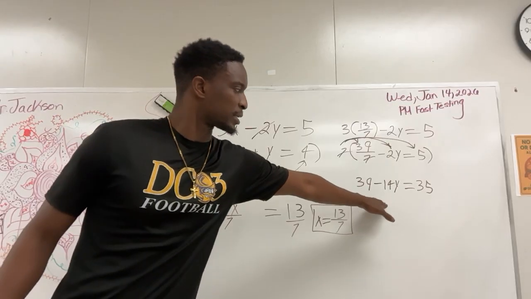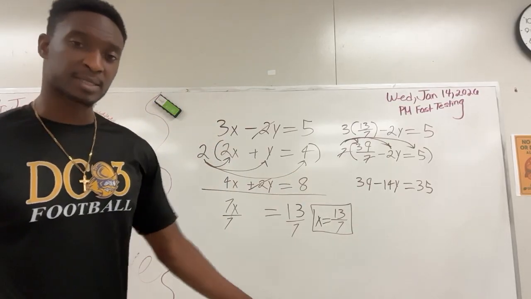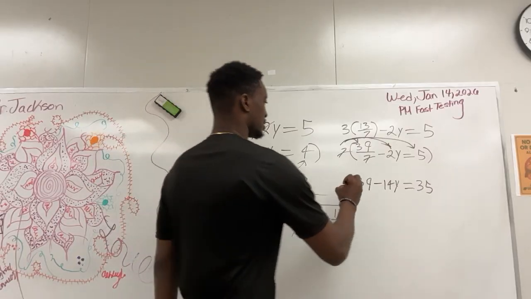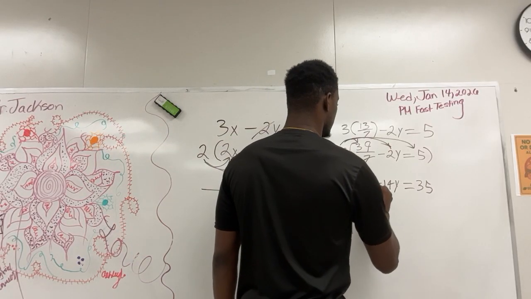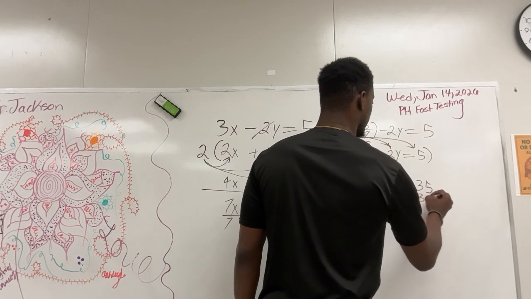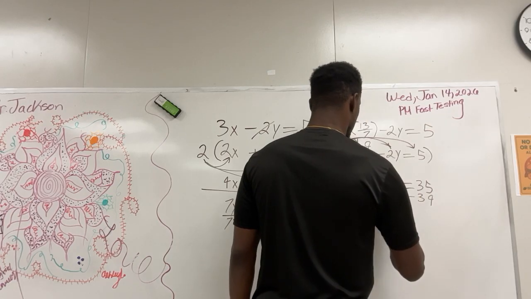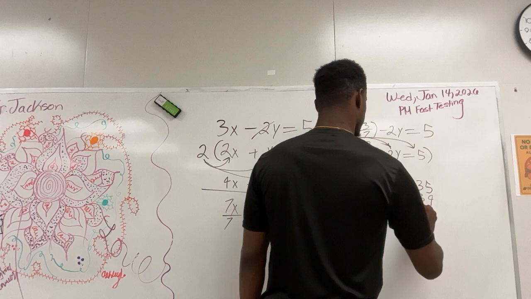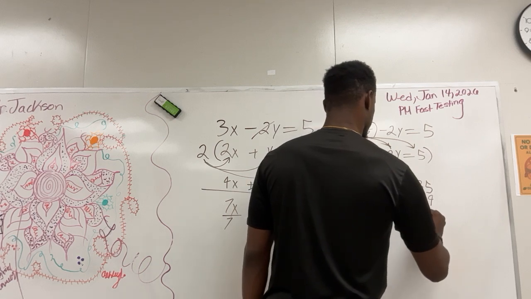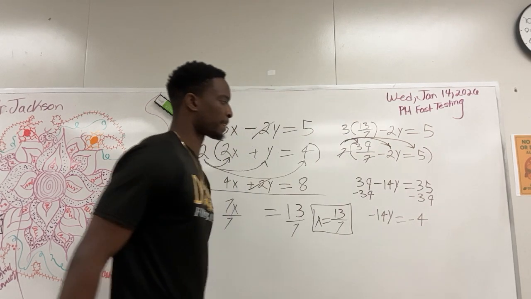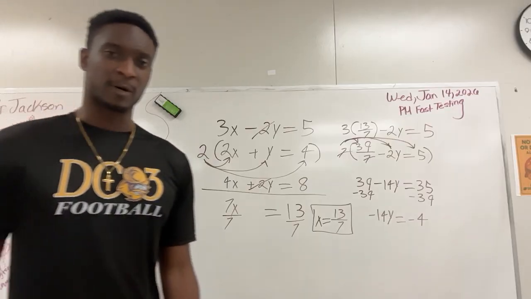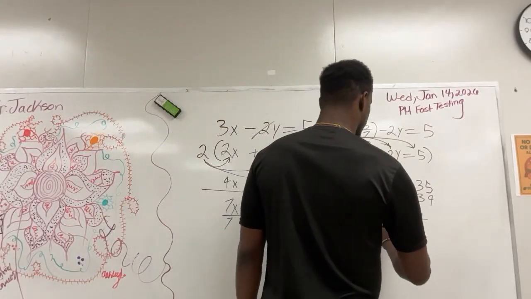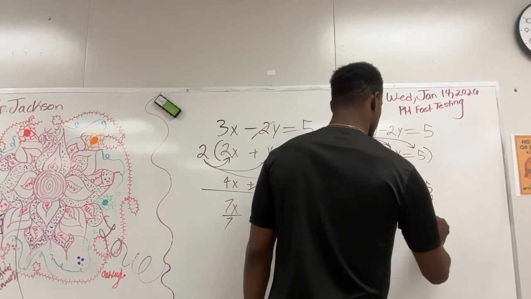I can't do anything necessarily here, but this is where it's going to make sense to know we're dealing with fractions. Minus 39 from both sides. Negative 14y is equal to -4. Divide everything by -14.